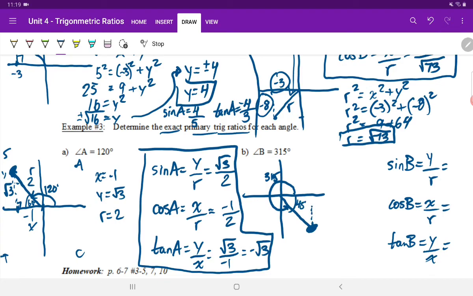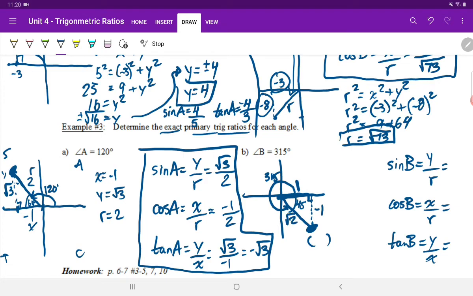So I know what the coordinates of this point will be, because across from my 45 is my 1, but because we're in the negative y direction, it's actually negative 1. And on my x direction we're on the positive x-axis, so it's just positive 1. My radius, my hypotenuse, is the square root of 2.